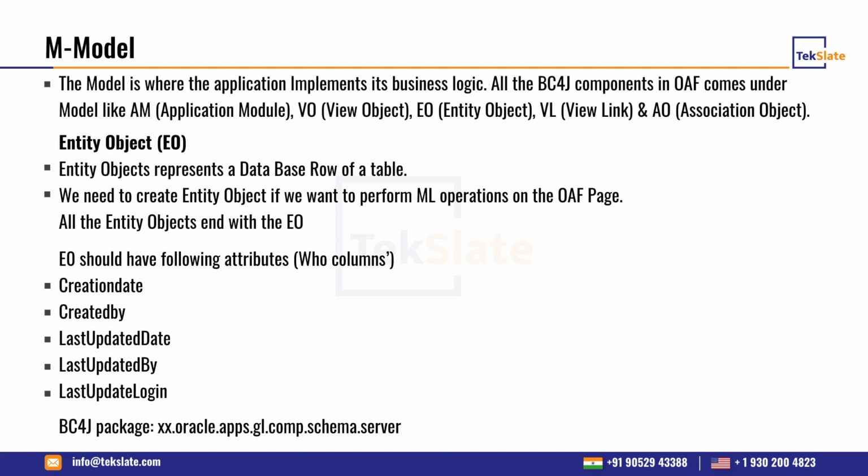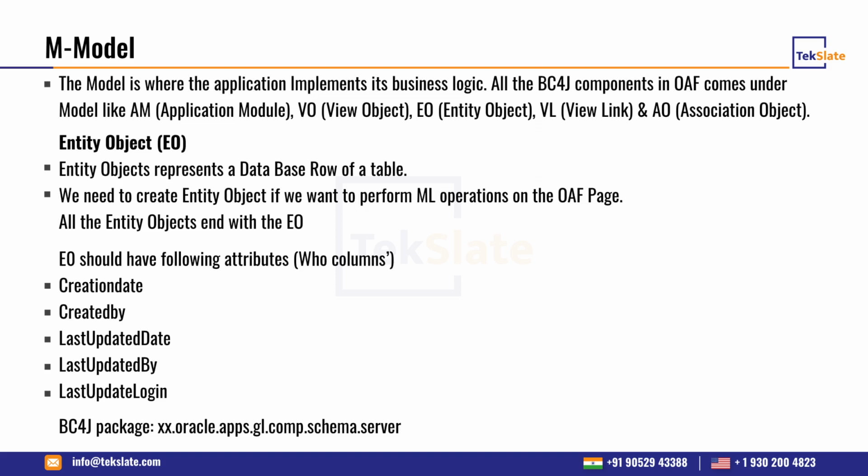If we are working on FND, it will be here. If we are working on GL, that will be here, like that, to identify easily. After that, the component schema.server should be there. Under schema.server, the EO object should be present. This is the folder structure of the EO.